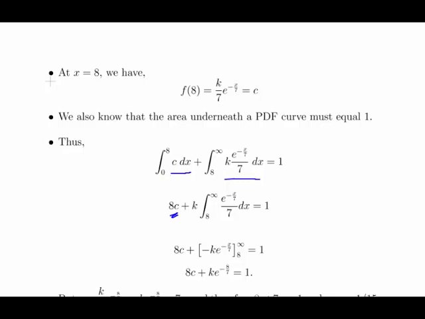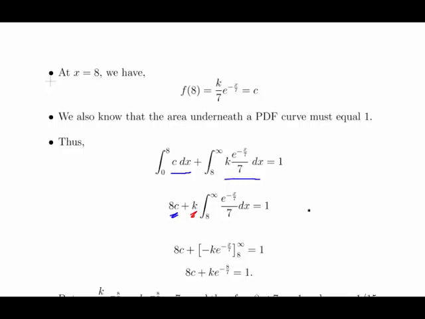For the exponential component we can take out k, and we have e to the minus x over 7 divided by 7. If you work that through, you get minus k times e to the minus x over 7. Basically that 1 over 7 disappears. Then we evaluate that between 8 and infinity.